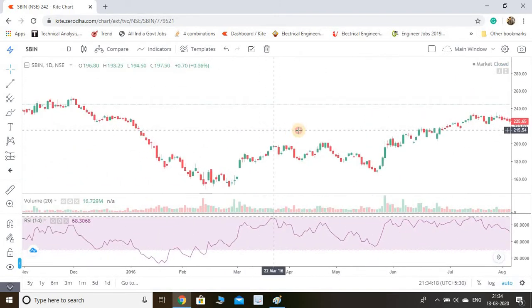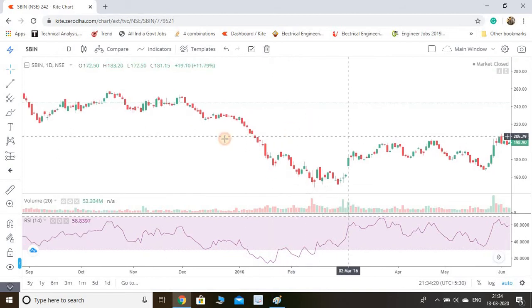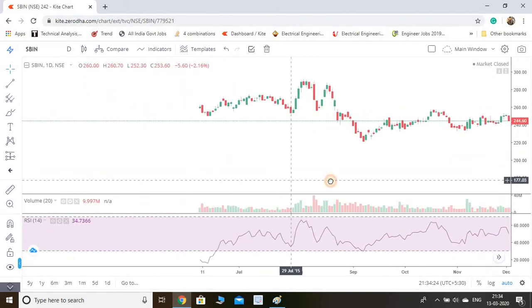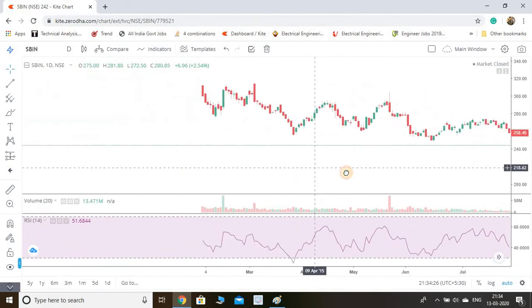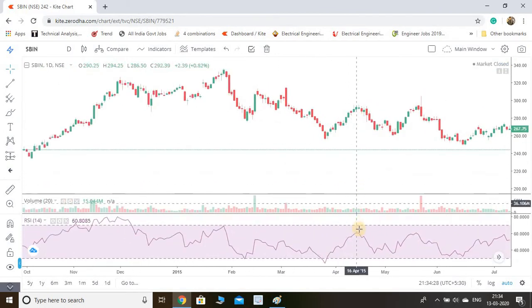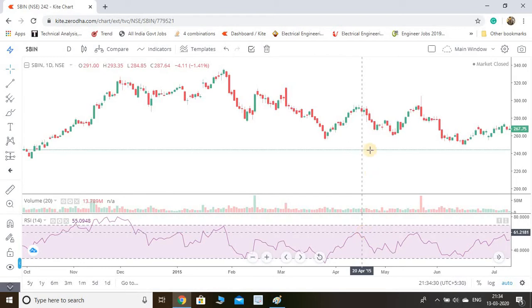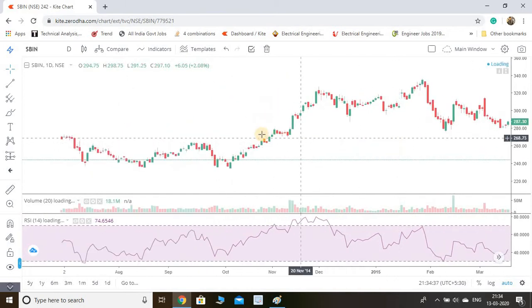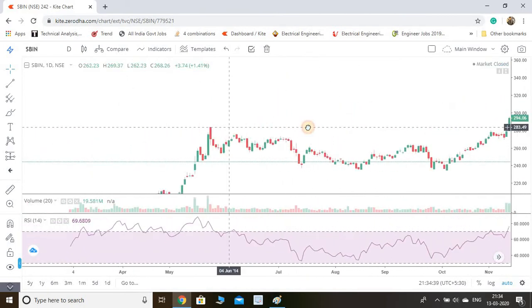This is cancelled. Whenever you get this setup, the system will give you a phenomenal result here. Yes, but this is not in a good range, so I will not trade this one.